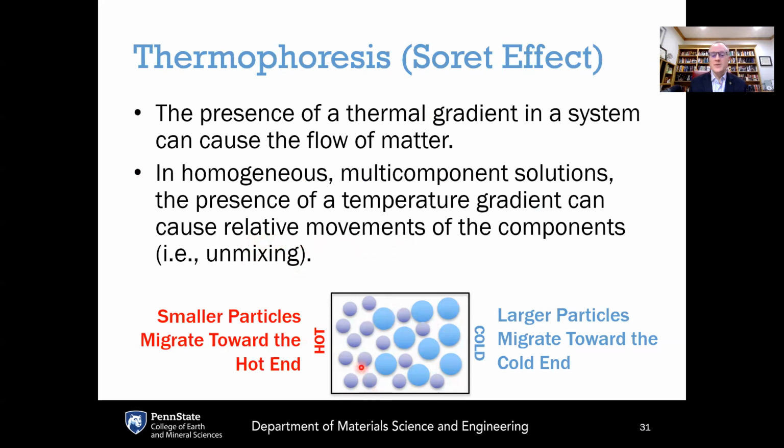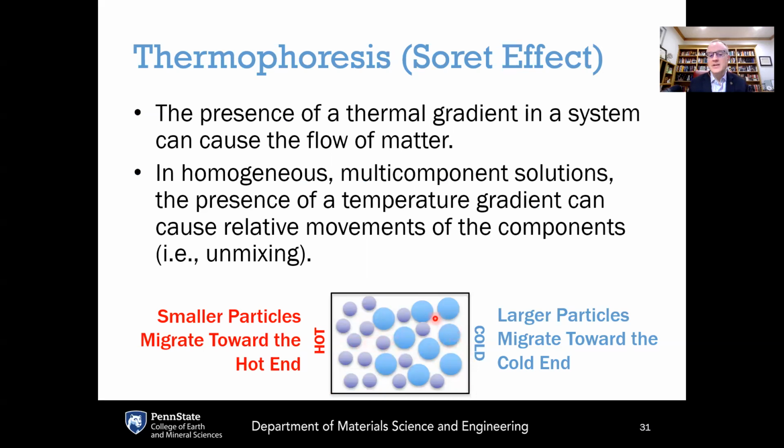So if we have a system here that has two different types of particles in it, the smaller purple particles, the larger blue particles, and if they are initially homogeneous, but then we apply a temperature gradient to it, where there is now a hot end of the system and a cold end of the system, the imposition of that temperature gradient can cause an unmixing of the system.